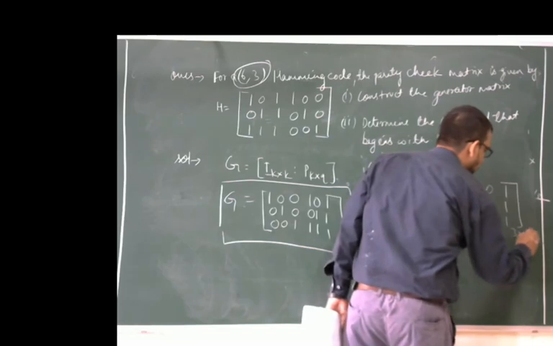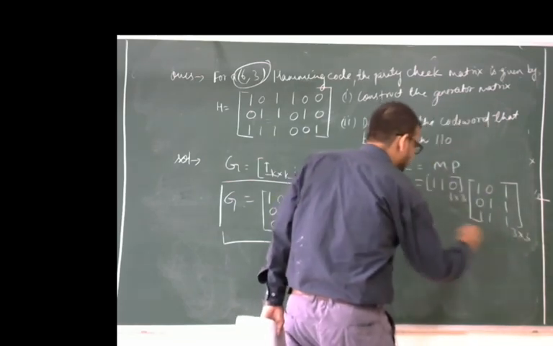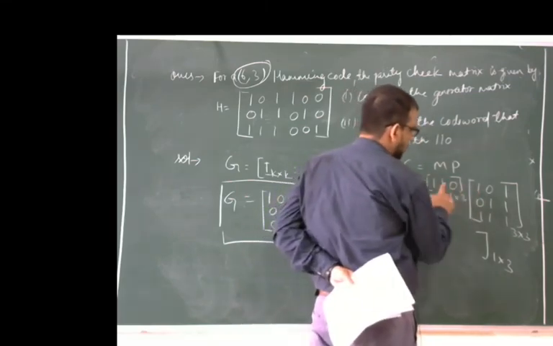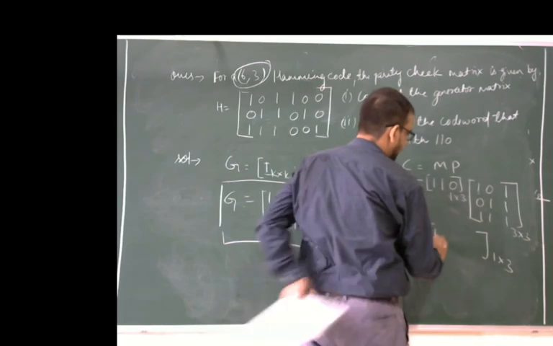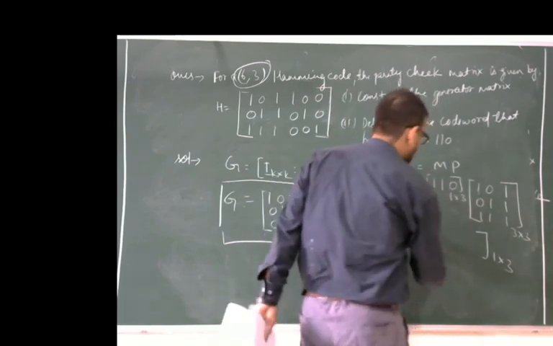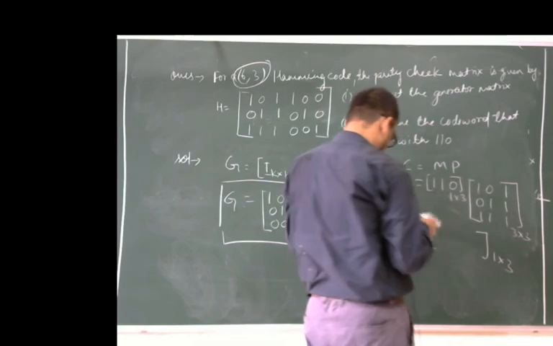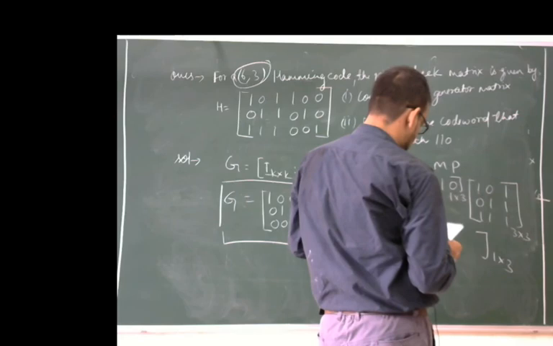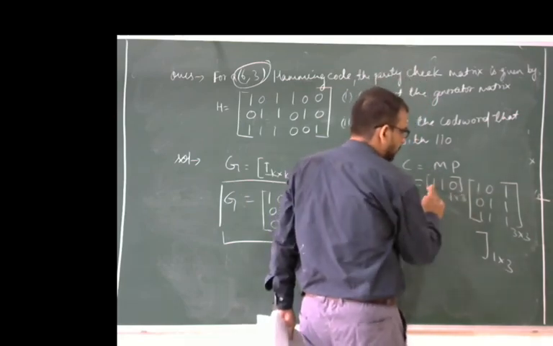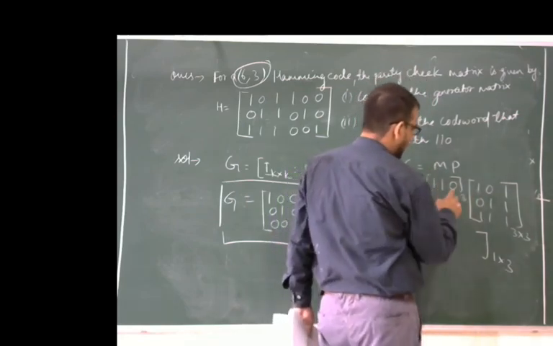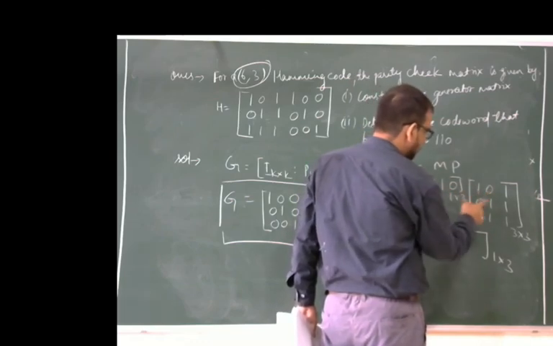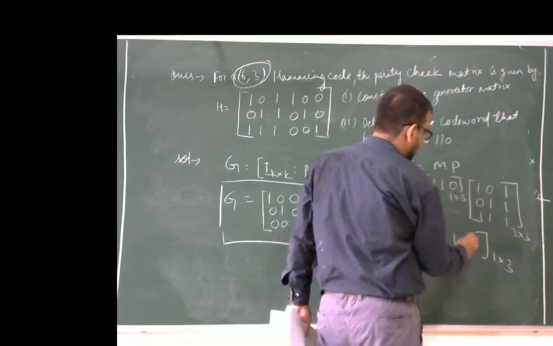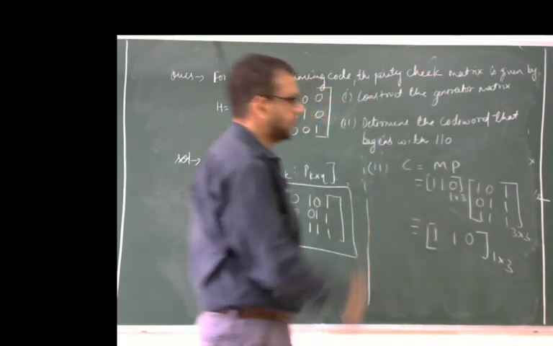Multiplying 1 into 1, 1 into 0, simply we get 1. Again multiplying 0, 1 and 0, again 1, and after that 1 plus 1 and 0. So we get 110.